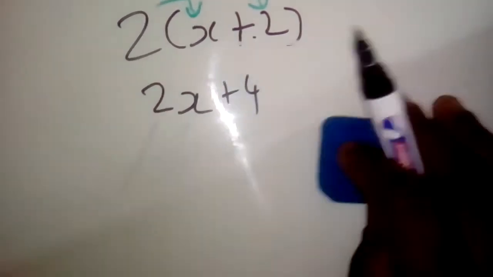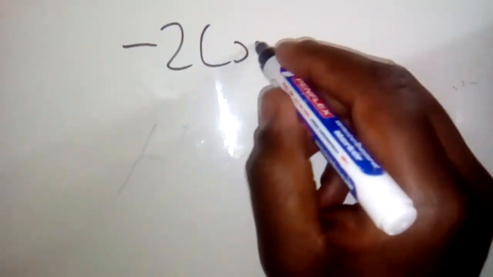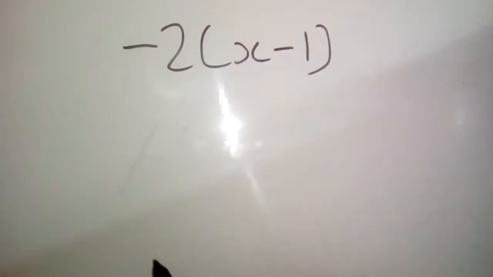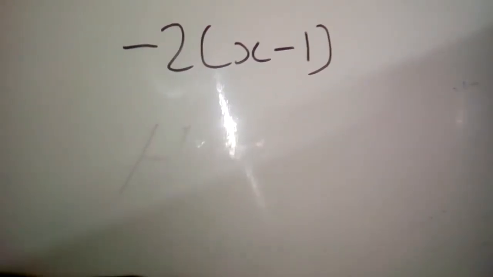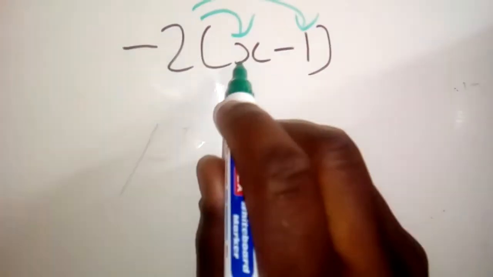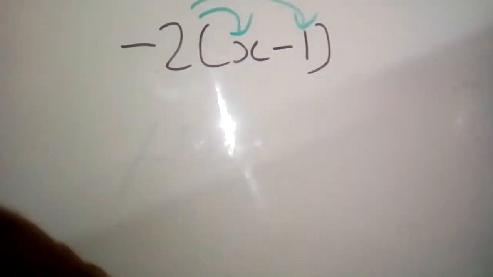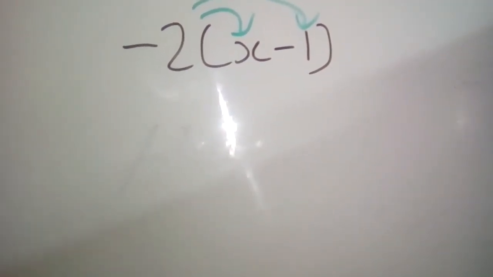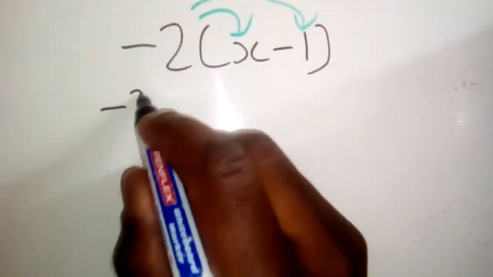Let's go further. Let's say we have something like this. So we still want to multiply them the same way, right? So what we're going to do here is say 2 times x, then negative 2 times x, then negative 2 times negative 1. So negative 2 times x is negative 2x.